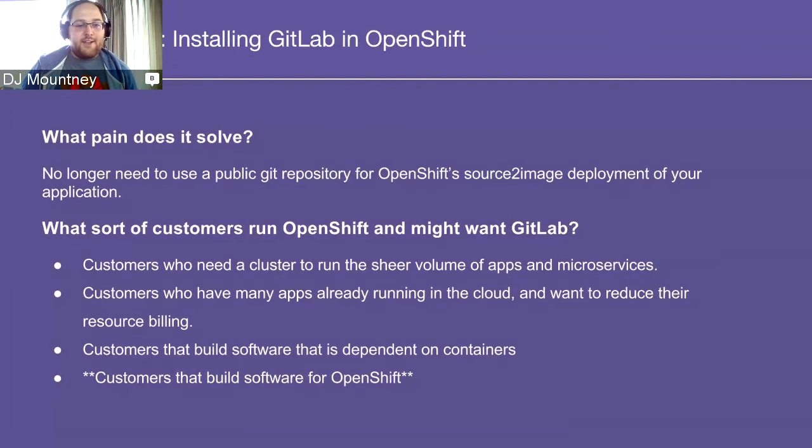So that's a pain point that installing GitLab right in the container solves: your Source to Image software has access to the Git repository without it being public to everyone else.